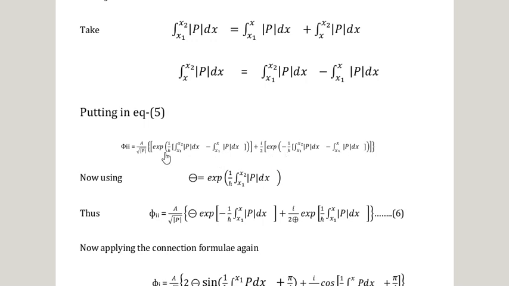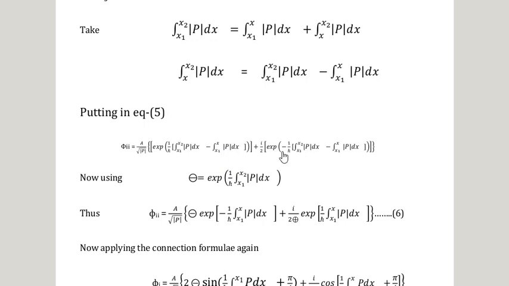Each term of this equation has two terms: exponential 1 upon h cut x1 to x2 p mod dx into exponential 1 upon h cut, and minus 1 upon h cut x1 to x p mod dx.